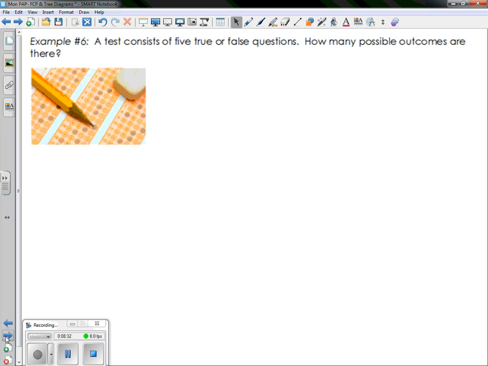A test consists of 5 true or false questions. How many outcomes are there? Okay, so if we have a test that has 5 true and false questions, well, we have question number 1, which would have 2 choices, true or false. We have question number 2, which would also have 2 choices.